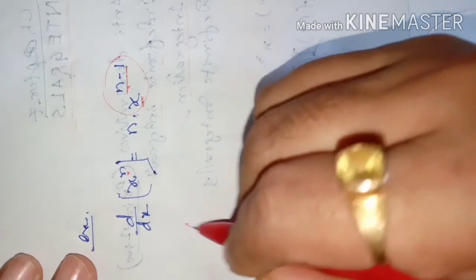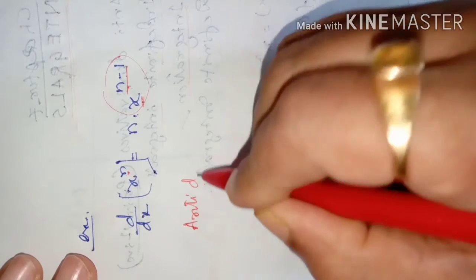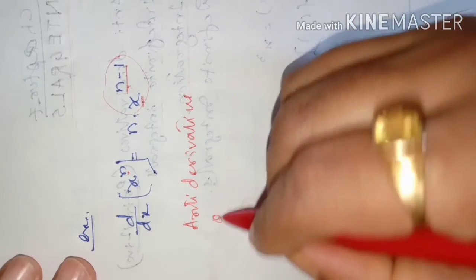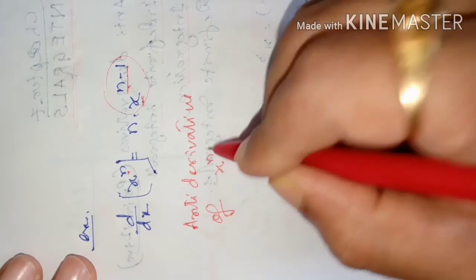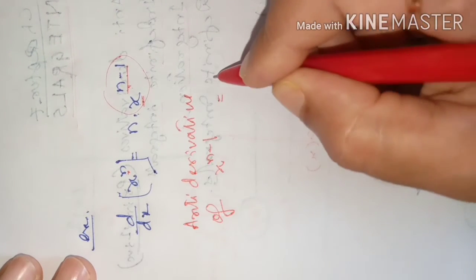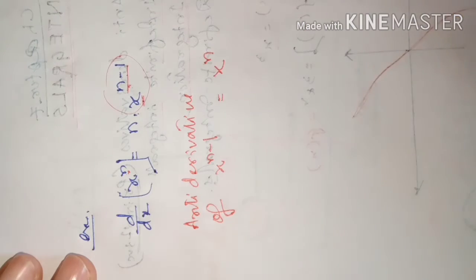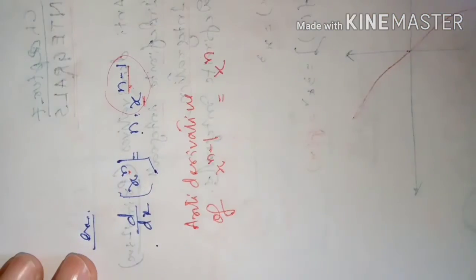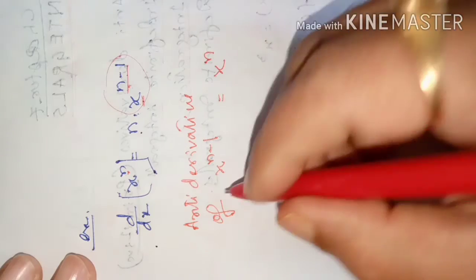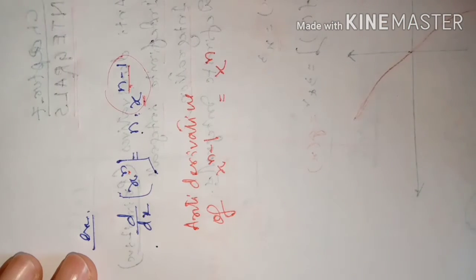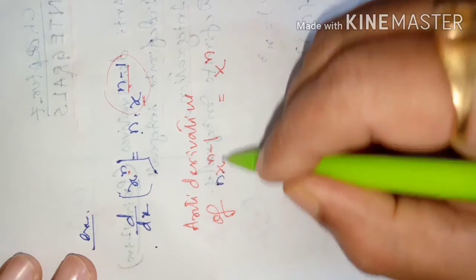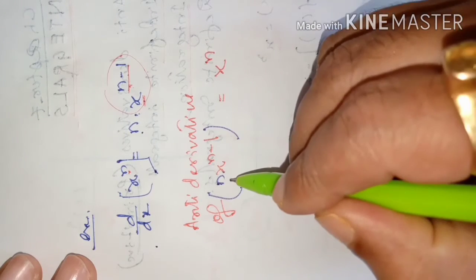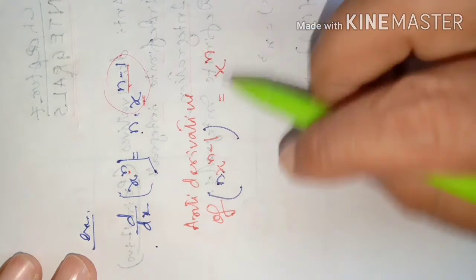So when we say antiderivative of n times x to the power of n minus 1, that is equal to x to the power of n.